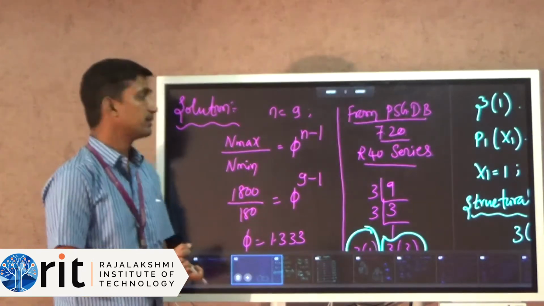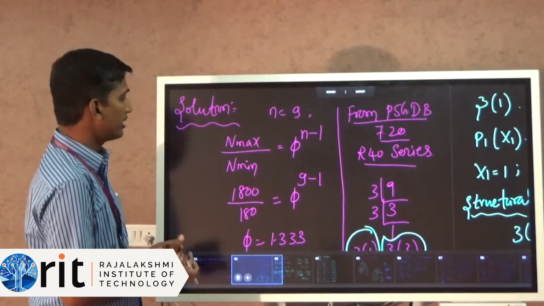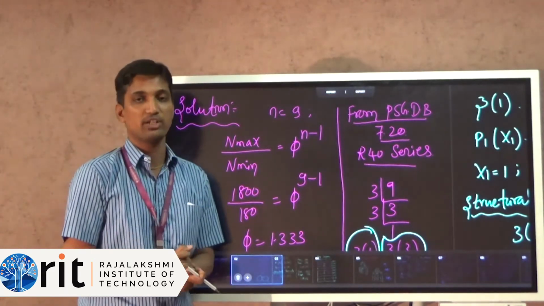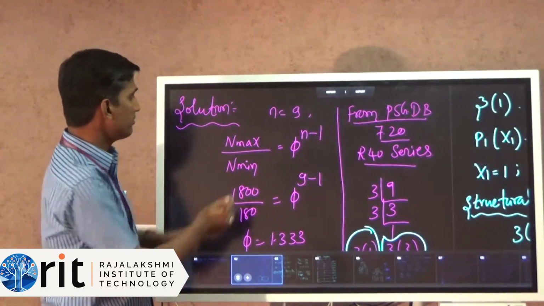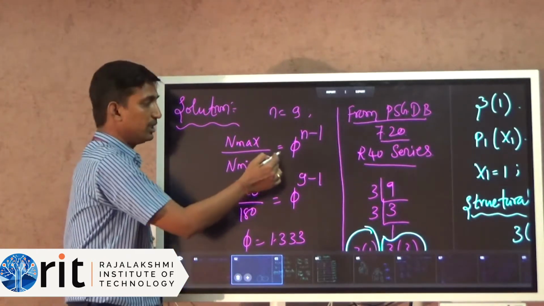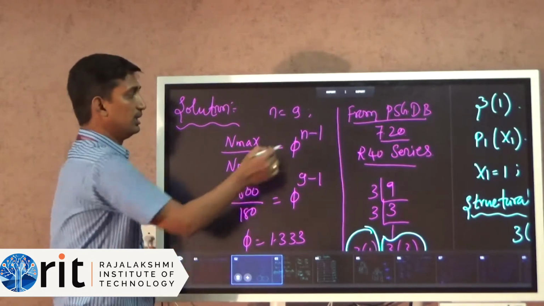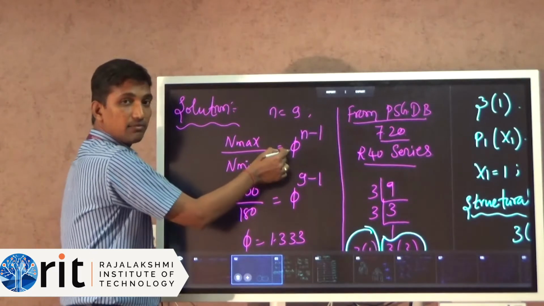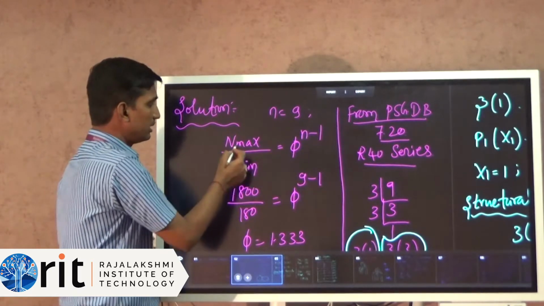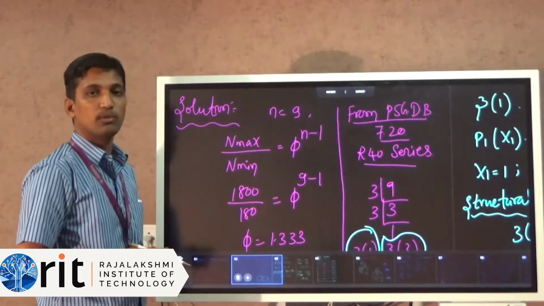In the solution part, first we have to find out the progression ratio. The formula to find the progression ratio is n max divided by n min equals phi power n minus 1. The n represents the number of speeds. The phi is the value we are supposed to find out. n max is the maximum RPM.